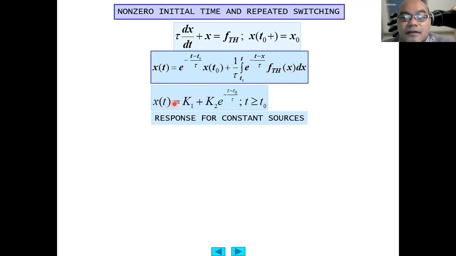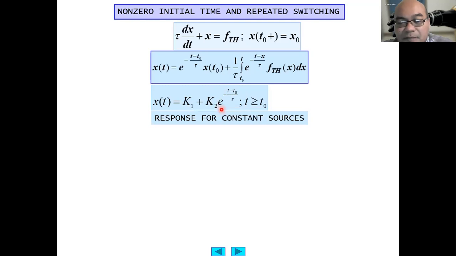Or it can be expressed as k1, the steady state solution, because when t equals infinity this value will be very small, plus k2 times the exponent, which is the initial value condition.